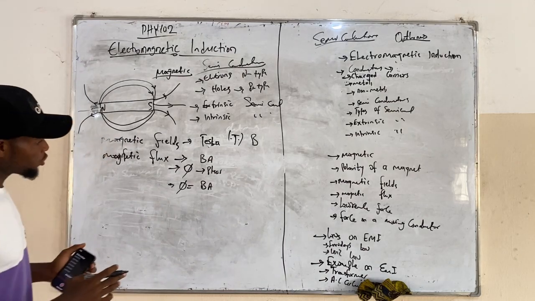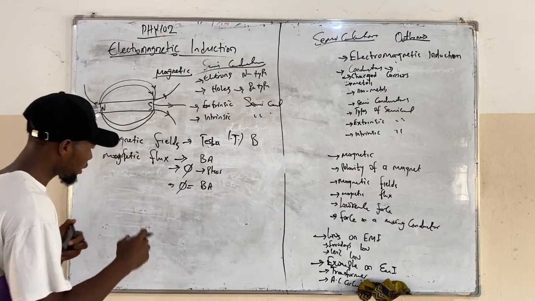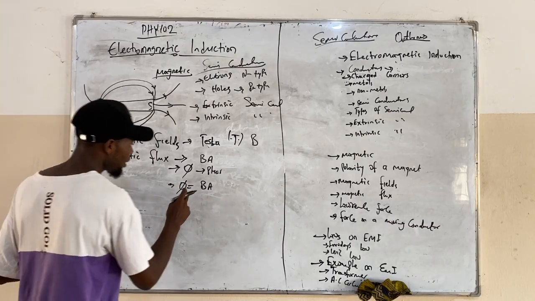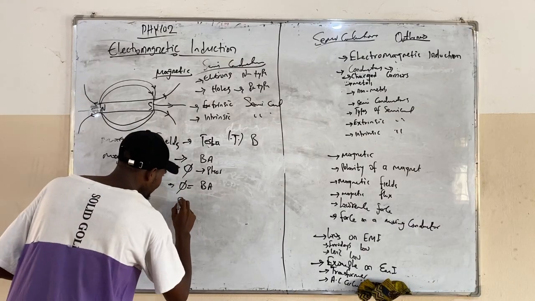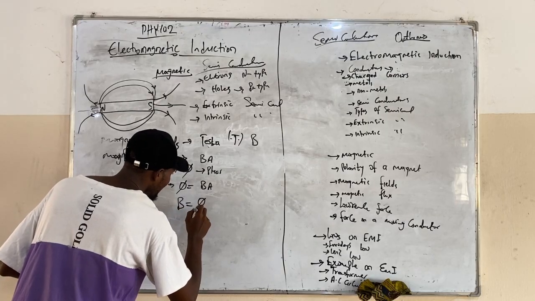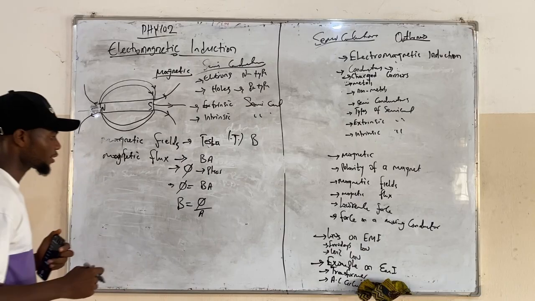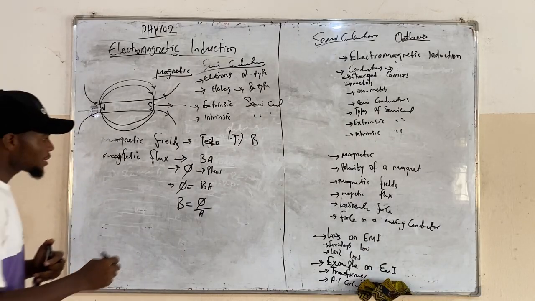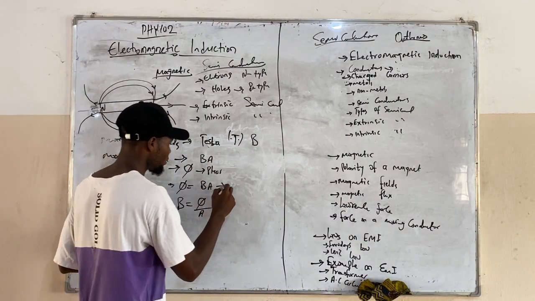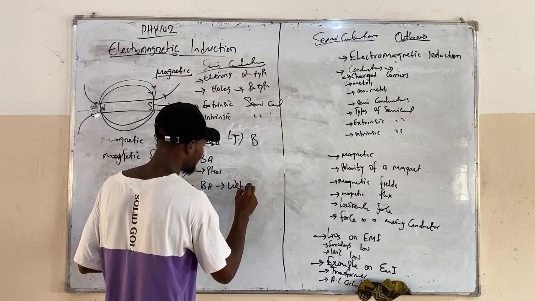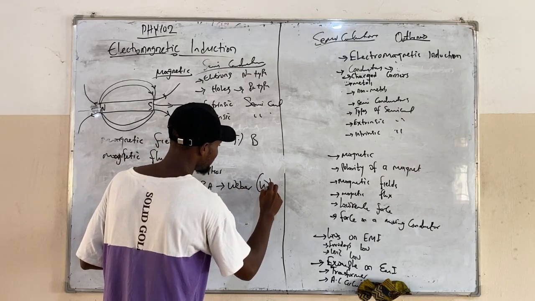And I told you B is the magnetic field, right? Now let's make B the subject of the formula. B will give you phi over area. That's to say, the SI unit for magnetic flux is the Weber, represented using Wb.